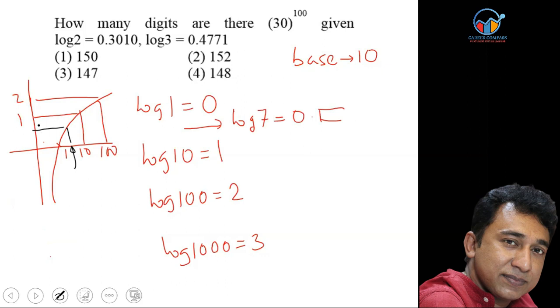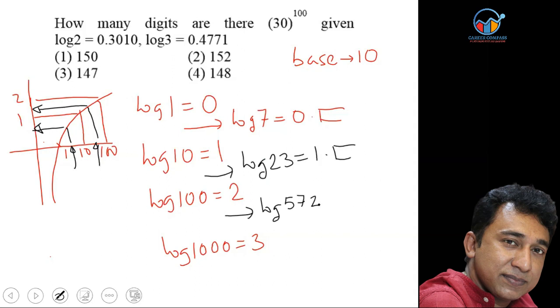It will be between 0 and 1, so it will be 0 point something. Similarly, if you take a value of logarithm, let's say log of 23, that will be 1 point something. It is right in between 1 and 2. Similarly, if you look at log of, let's say, 572, it will be 2 point something.